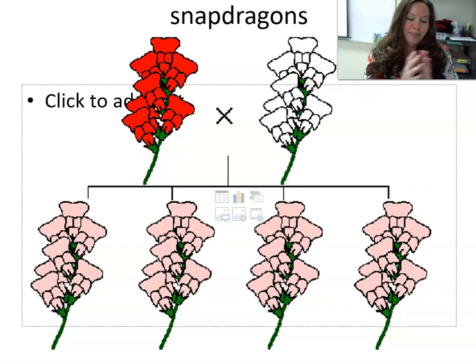But in mixing the pure breeding snapdragons, we don't get red and we don't get white, we get pink. We get a blend of those two. Very interesting. What's going on here?